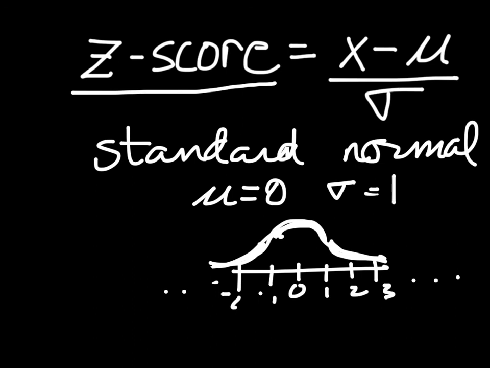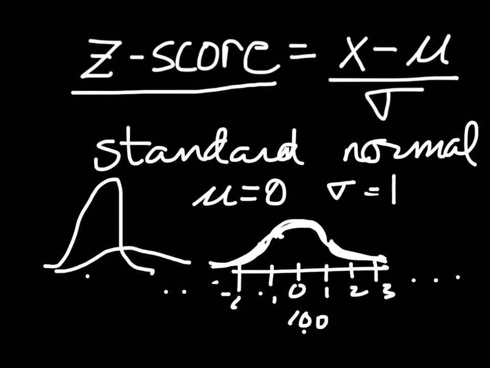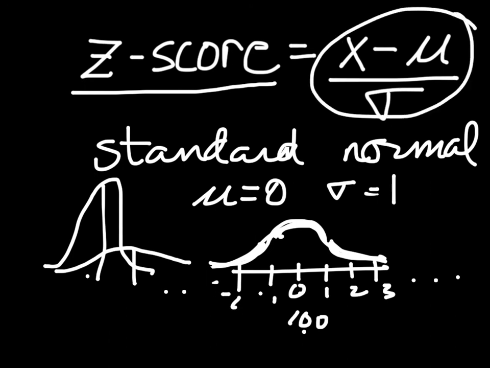So a z-score, suppose I have a normal curve that looks like this, but the mean is 100. Well, then a z-score that corresponds to 100 is going to be 0. So I could take any one of those other kinds of distributions I drew, really flat ones, really tall ones, and their means will get converted to 0, and their standard deviation will get converted to 1 using this z-score.